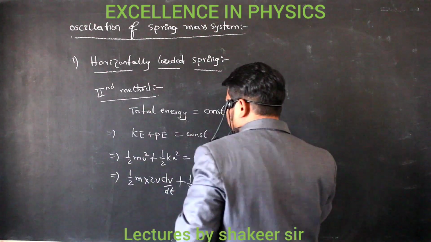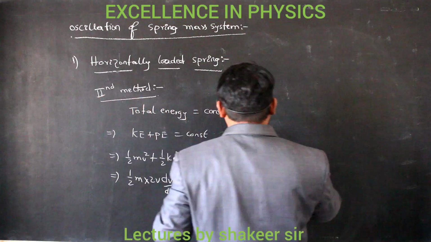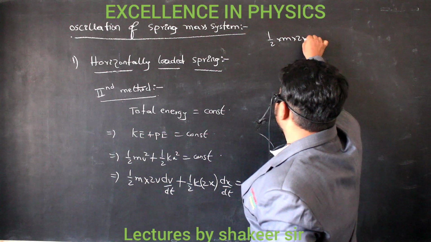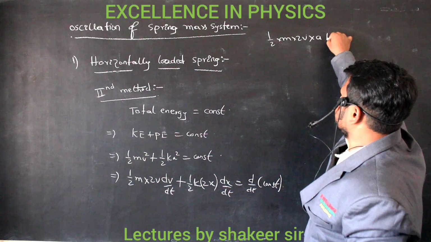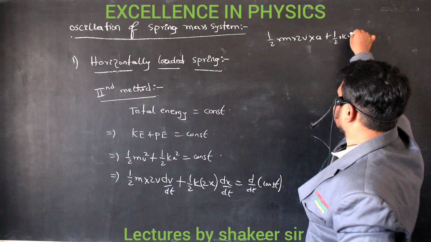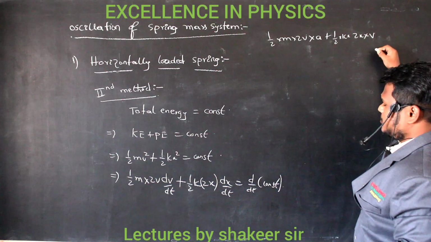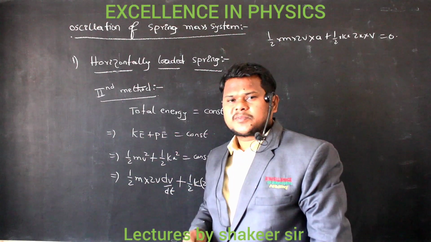First of all let us make a note of this. So half into m into 2v into dv by dt, where dv by dt can be written as acceleration, change in velocity by time, and half into k into 2x into dx by dt, where dx by dt can be written as velocity. So totally it should be equal to 0.